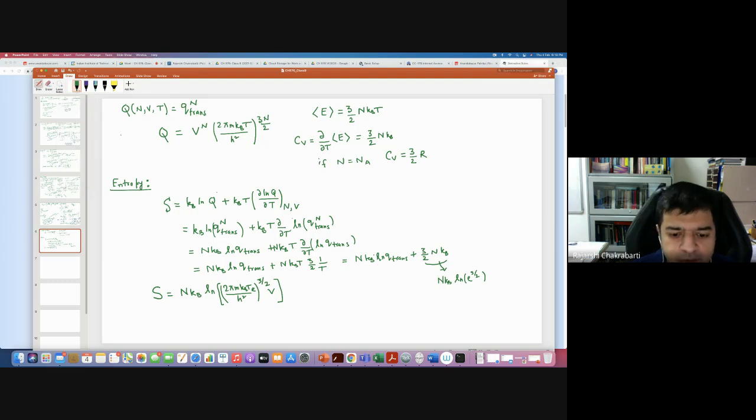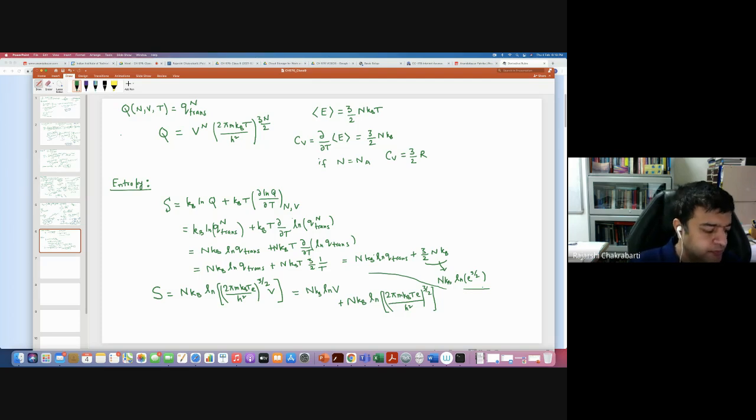Okay, now I'll further modify this. I'll say this is actually n kb ln v, I take the volume part separate, plus n kb ln of the rest. I can do this, no? I should be able to do this, isn't it?